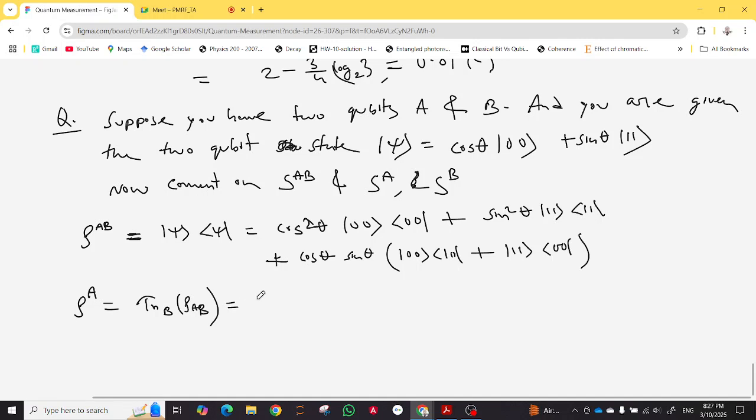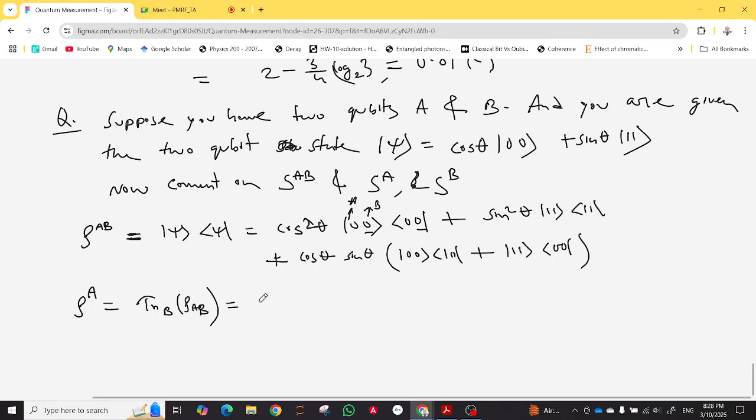So what will be rho A? Rho A means you keep A, the first one, and the second one is B. So we keep the first one fixed. Trace over B means inner product of this 0 with this 0, right?